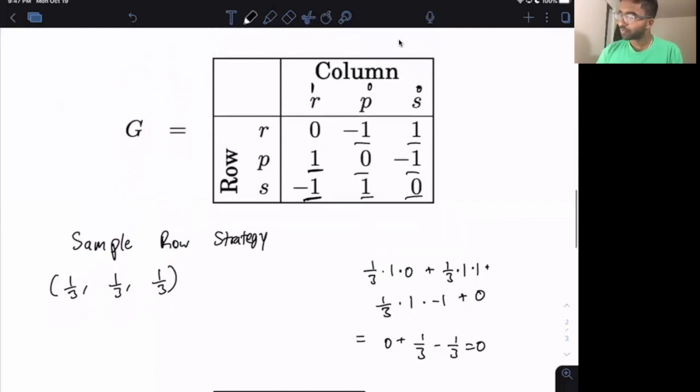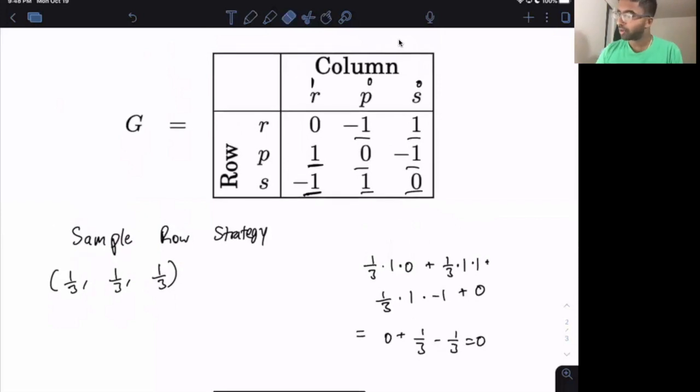And so let's look at another strategy. Let's say column switches it up a little bit now. Let's say column plays rock 1/2 of the time and paper 1/2 of the time, and just ignores scissors.